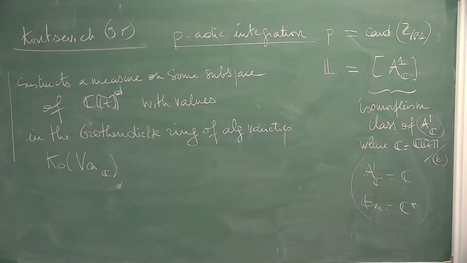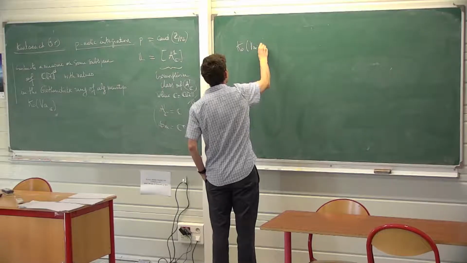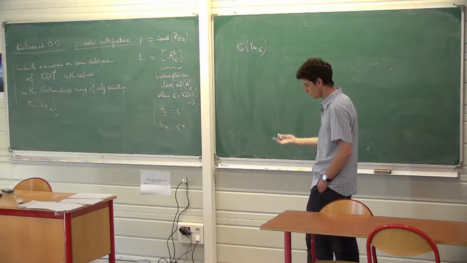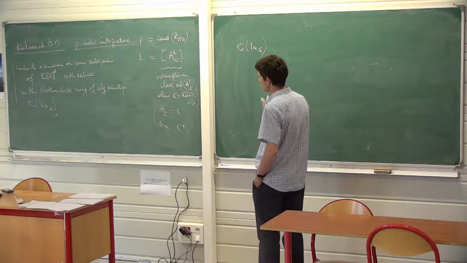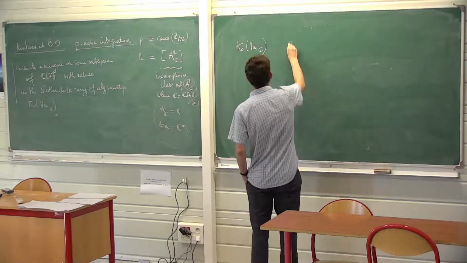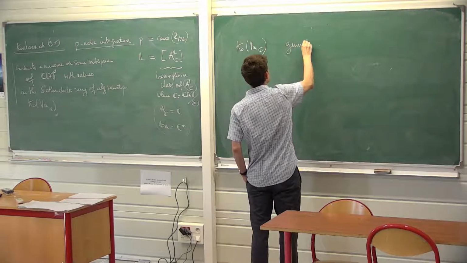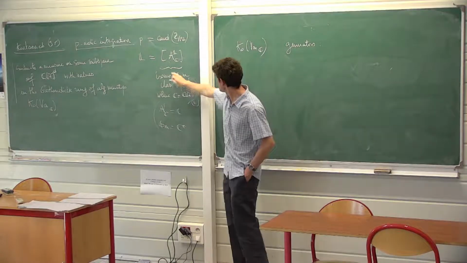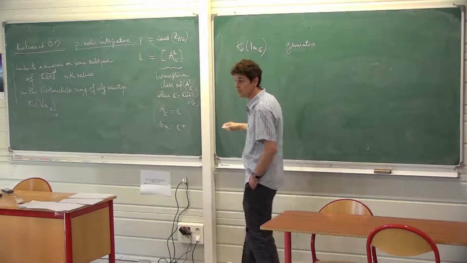So what is that? So first of all, you need to define a group, and then you define the multiplication. And to define the group, you need generators. So the set of generators are, as we can imagine, isomorphism classes of algebraic varieties.